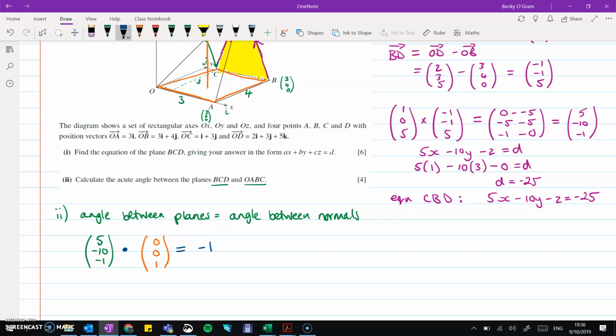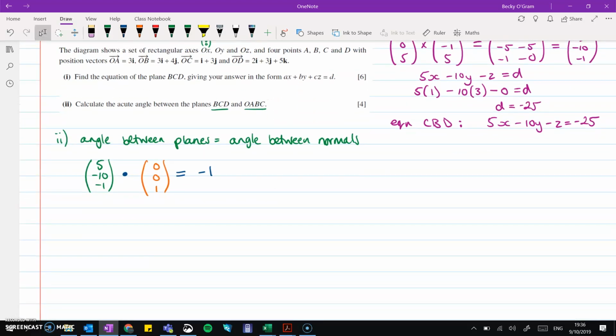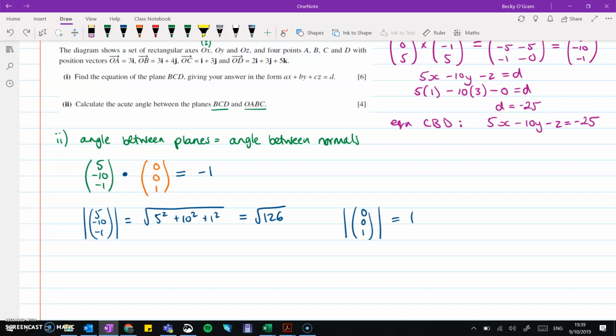Now we need the modulus of each of them. So if we modulus that first one, then we get the square root of 126, and obviously the modulus of the other one, the 0 0 1, is just 1. And then to get cos theta, we do minus 1 divided by, so the scalar product divided by the product of the moduli.